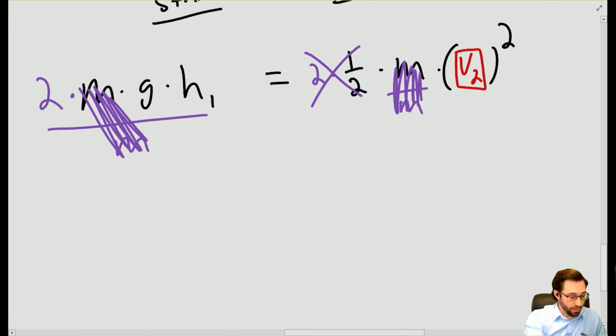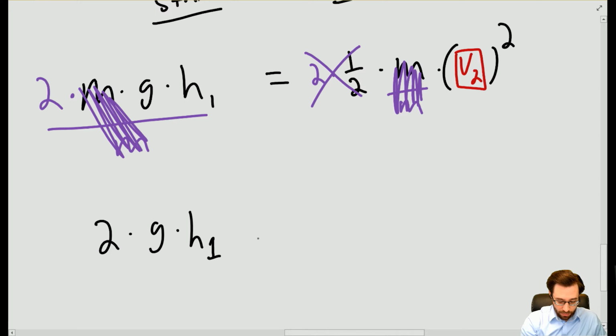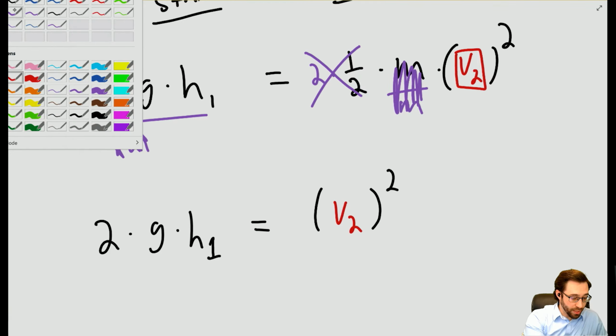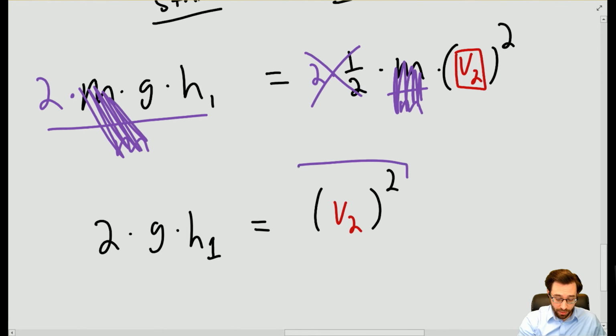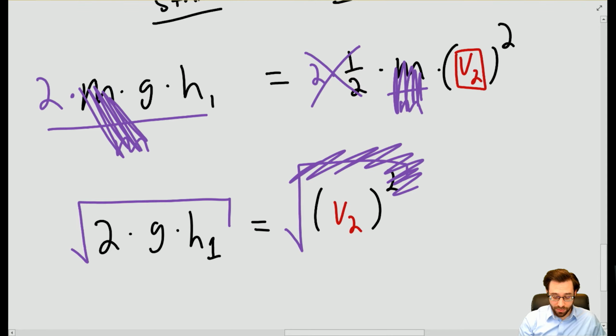I'm going to rewrite it so it's a little cleaner. On the left side, I have 2 times gravity times h1, and that's equal to my v2 squared. In order to get rid of a square, I square root. The square root and the square cancel out, and if I do it on the right side, I must do it on the left side.